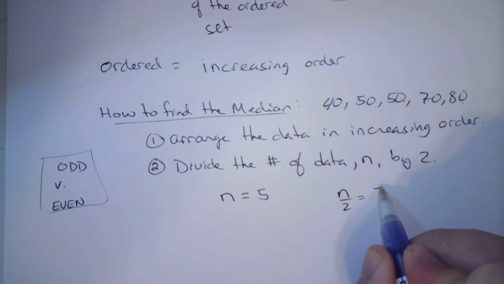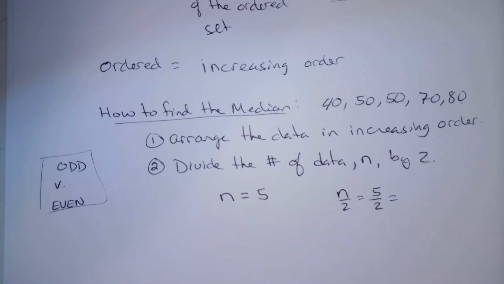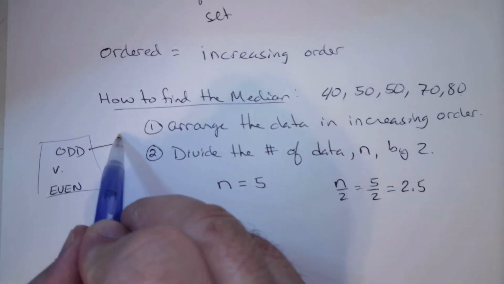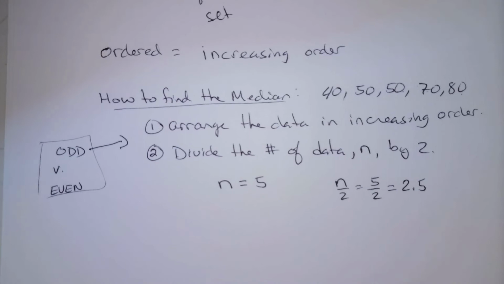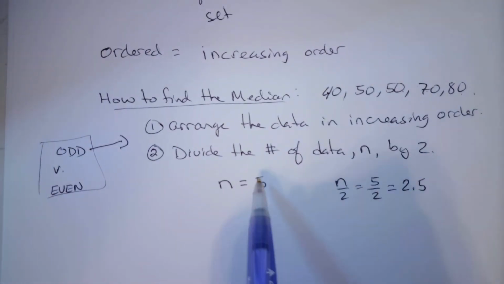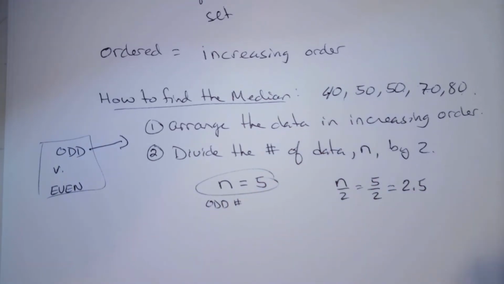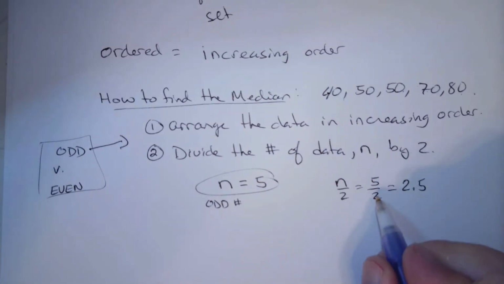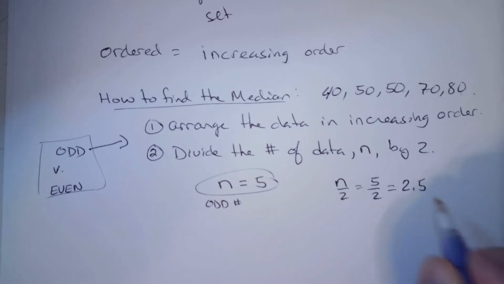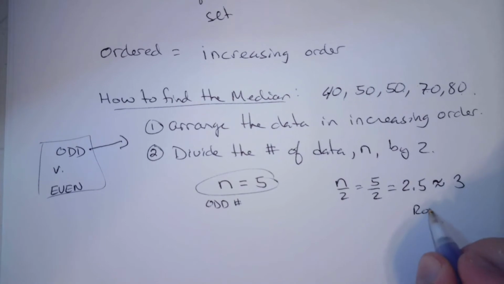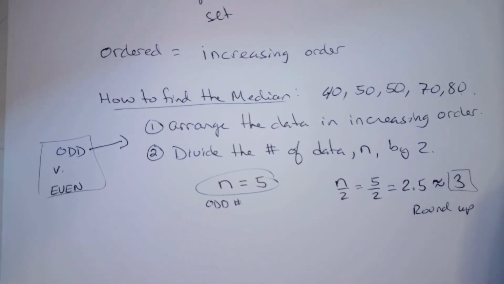So divided by 2, we get 2.5. This first part is going to talk about odds. If n is odd, we have 5 numbers, that's odd. So whenever you have an odd number divided by 2, you always end up with a decimal. Round it up to the next highest number, the next integer.